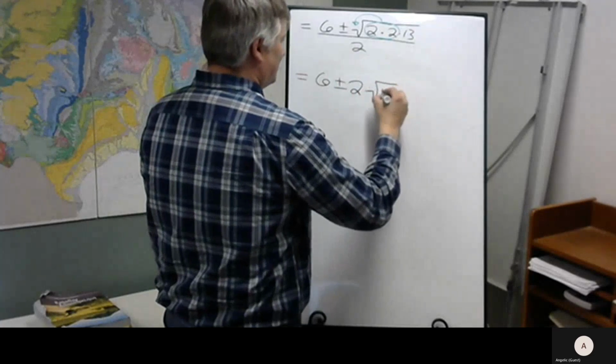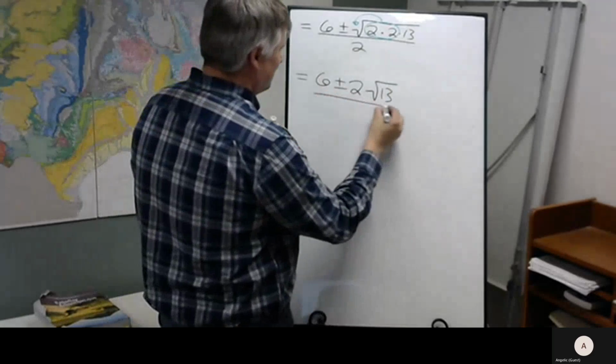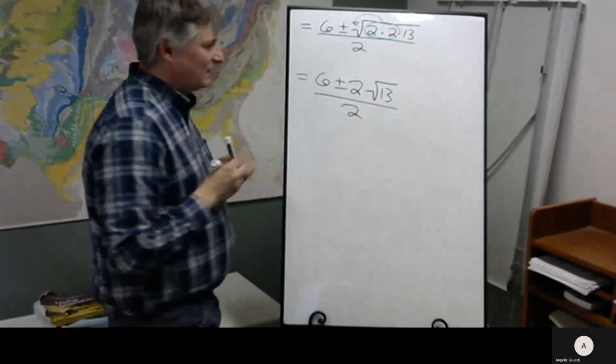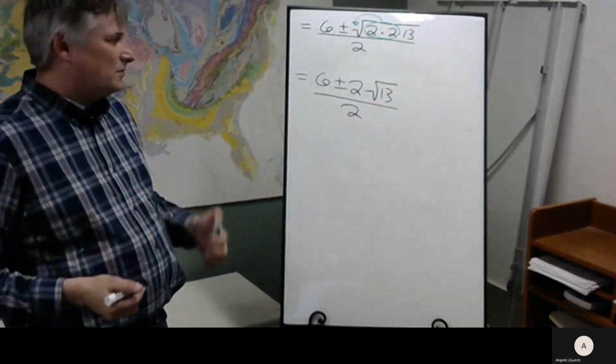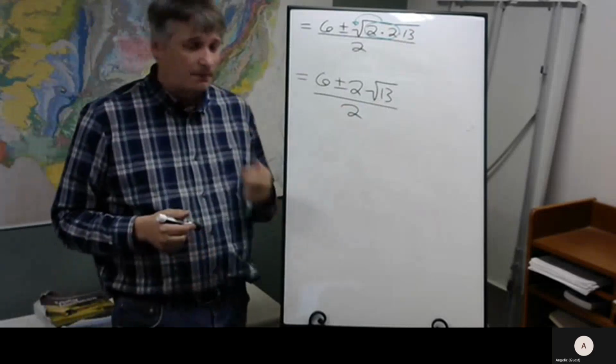And then the 13 is left behind. So there's one more thing we can do. We can factor out a 2.